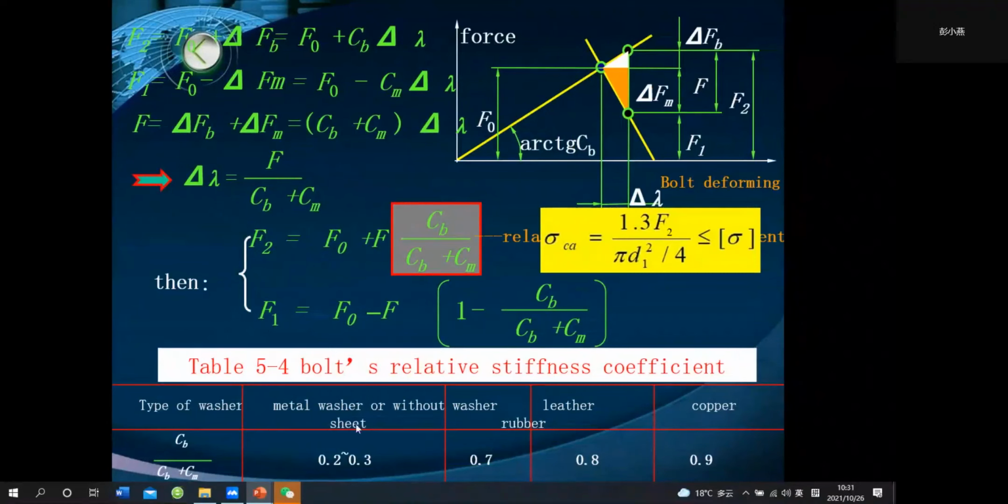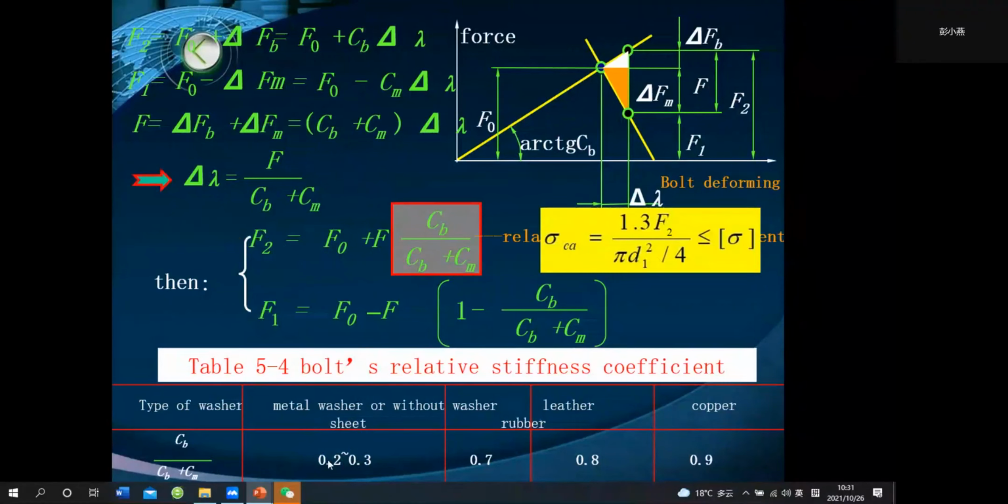And this table lists the bolt's relative stiffness coefficient, Cb divided by Cb plus Cm. And this is for metal washer or without washer sheet.